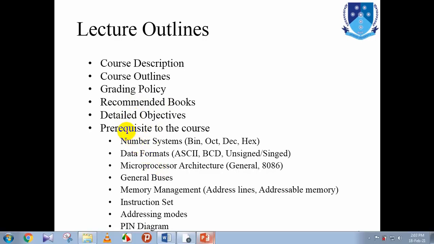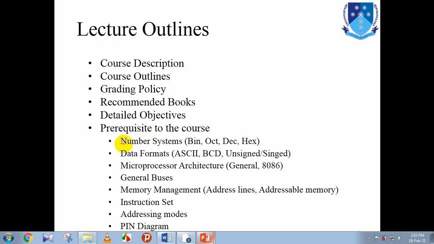At the end of this lecture, we will discuss the prerequisite courses required for the course of computer architecture. These prerequisite courses, or review of these prerequisite courses, will help us to understand the computer architecture course easily.